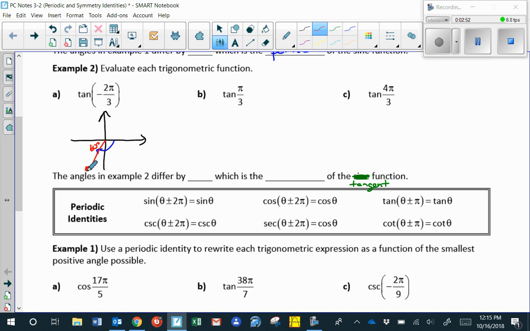So that's a 60-degree reference angle. The coordinates of the point where the terminal side intersects the unit circle will be negative 1/2 comma negative square root of 3 over 2. The tangent is the second coordinate over the first coordinate. So the value of the tangent is positive square root of 3.